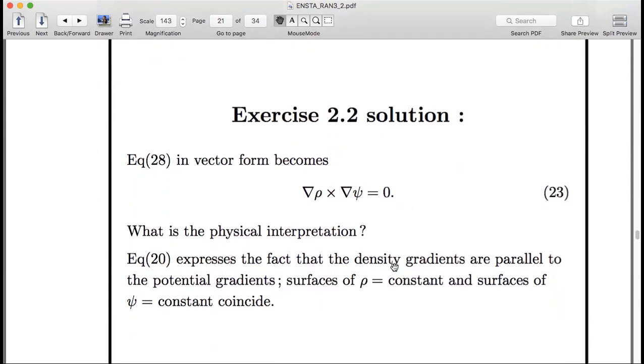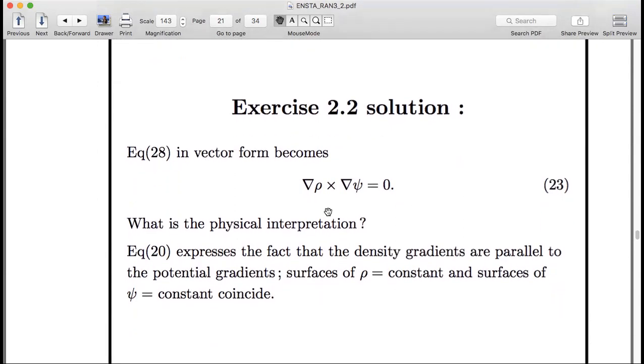And what does it mean physically? Well, we have to remember that the cross product of two vectors equals 0 if one of the vectors equals 0, since the cross product with any other vector equals 0. So either there is no gradient in rho or psi, but if we accept that psi and rho gradients are non-zero, how could this equal 0?